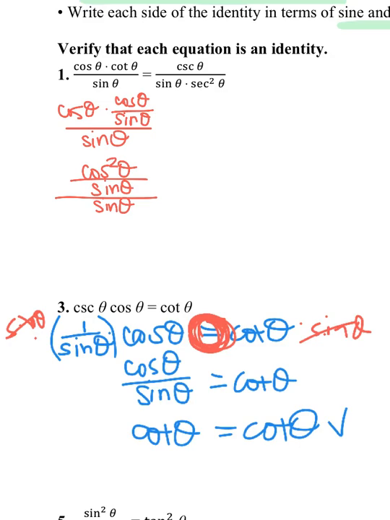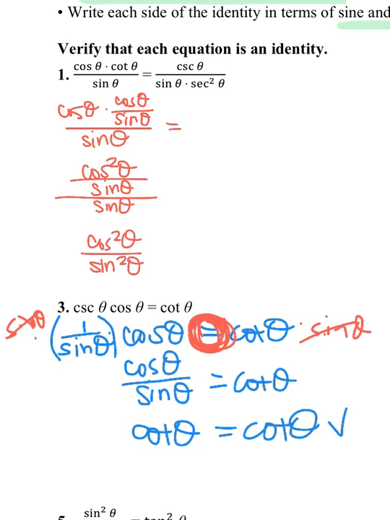And simplifying that complex fraction, I have cosine square theta over sine square theta. Okay, so that is equal to cotangent square theta, but I'm just going to go ahead and leave it like that. I'm going to see if I can get my right-hand side to end up looking like that cosine square theta over sine square theta.